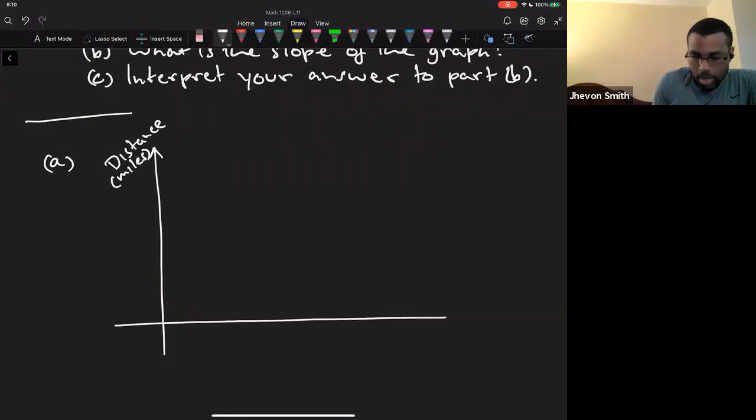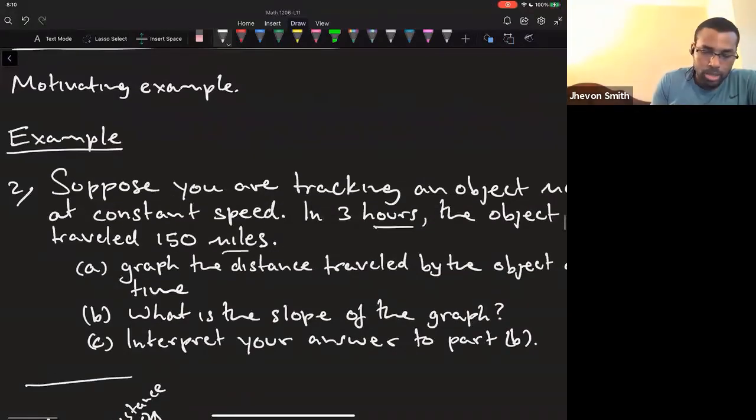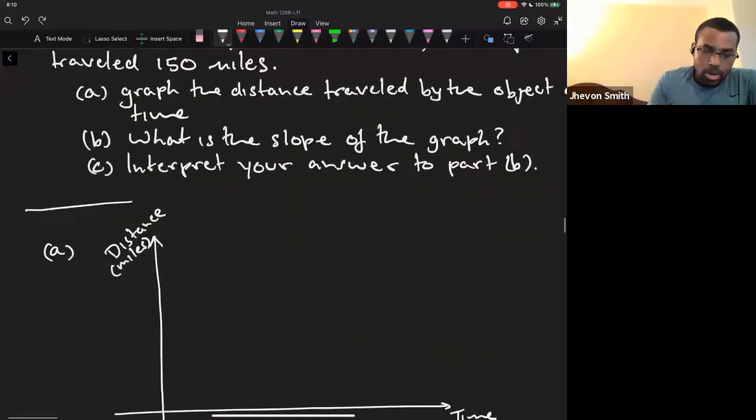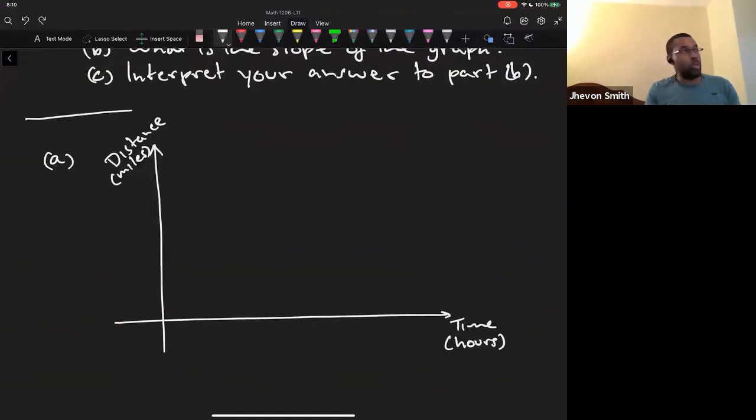And we have time in hours, right? Because they gave us hours and miles up here. And we pretend that the distance from where we are right now is distance 0. It starts at distance 0. So this is where it begins.